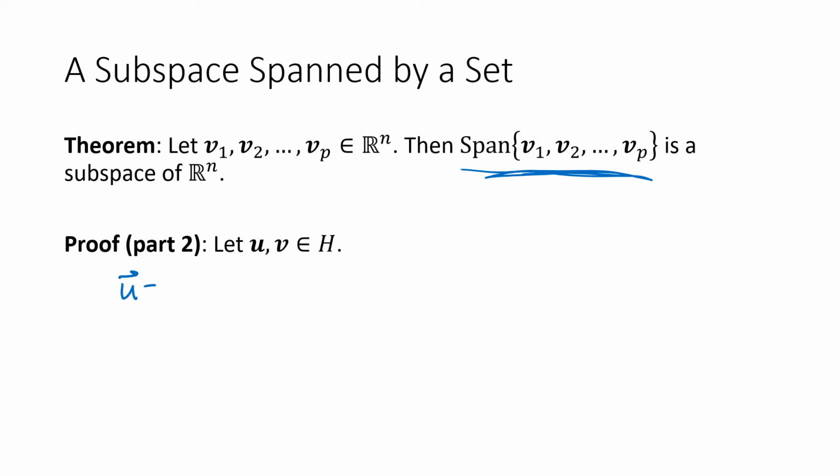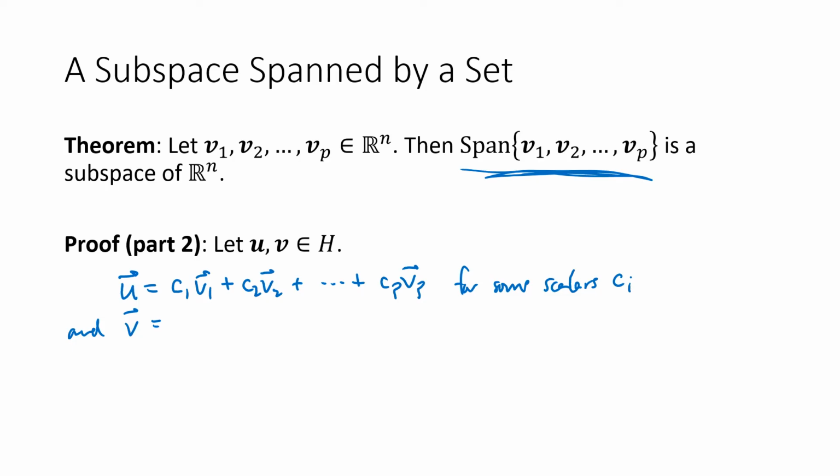That means that u is a linear combination of the v vectors, c1v1 plus c2v2 plus up through cpvp, for some scalars ci. Again, I don't know what those scalars are, but they have to be there because that's what a linear combination is. And v also looks like that, but with probably different scalars: d1v1, same vectors but probably different scalars, d2v2, all the way up through dpvp, for some scalars di.